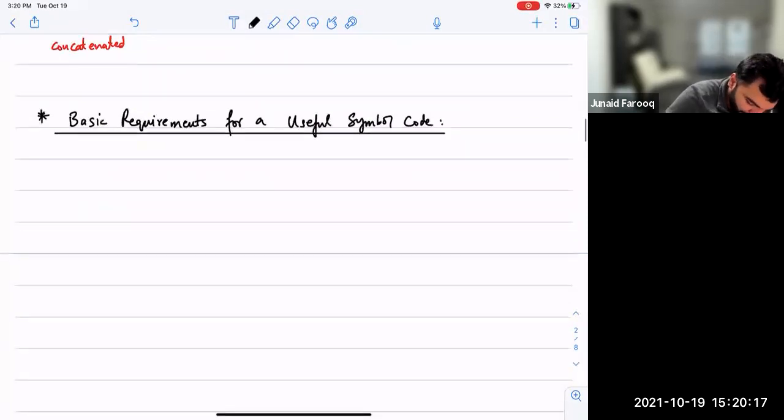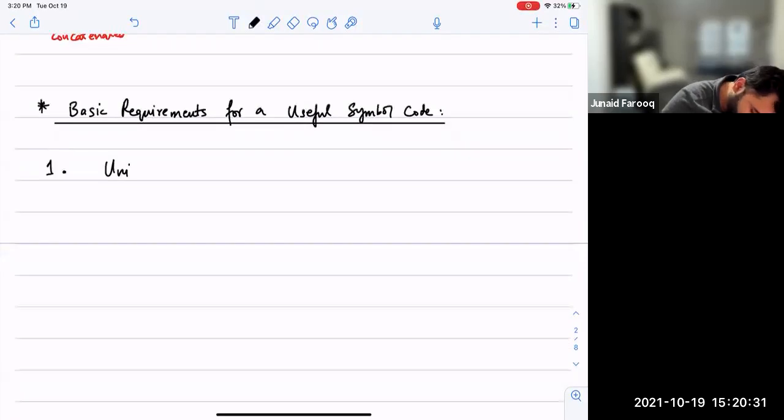The first requirement is that a code should be uniquely decodable. These are all technical terminologies, and we'll see how to figure out if something is uniquely decodable.